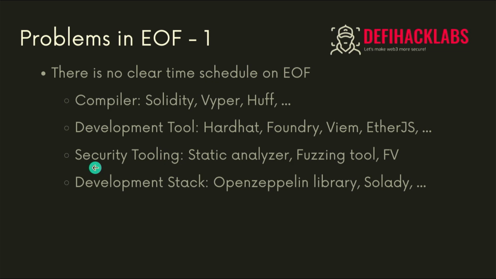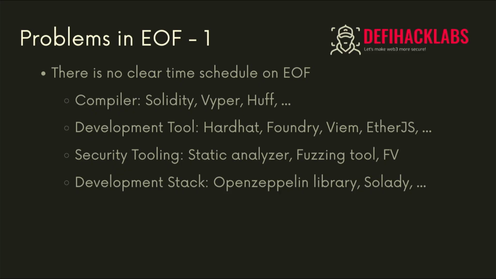And we have security tooling, for example, bytecode analysis tools, fuzzing tools, or formal verification tools. And for smart contract development, we have the very well-known OpenZeppelin libraries that allow you to reuse a lot of popular ERCs, like ERC20 and ERC721 for NFTs.